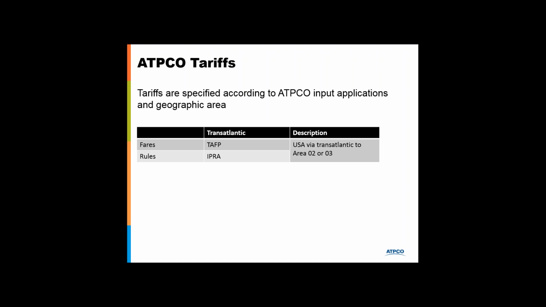So if a carrier wishes to have a fare in this particular Geographic, first they have to be flying over the Atlantic to publish this fare. If they want to fly over the Pacific, that gets housed in a different tariff. So it's an organization in our database to make it simple for pricing systems to find data.